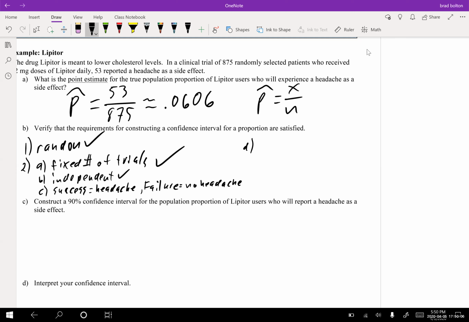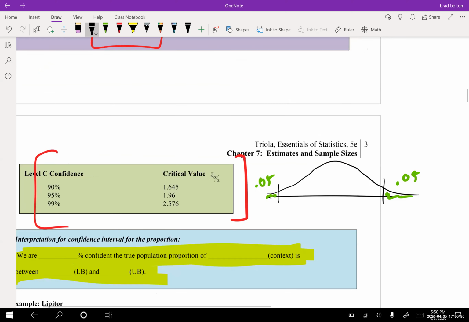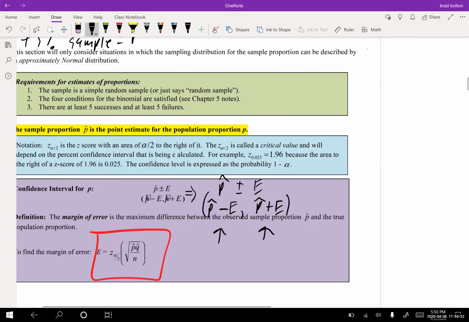D: p hat is equal to 0.0606. But if p hat is equal to that, then we can find q hat very easily by doing 1 minus 0.0606, and I get 0.9394. Okay, let's see here. I think I have everything that they asked me to. There are at least 5 successes and at least 5 failures.